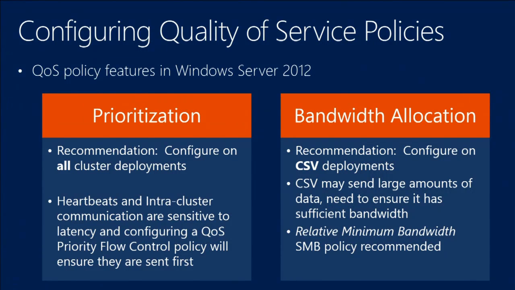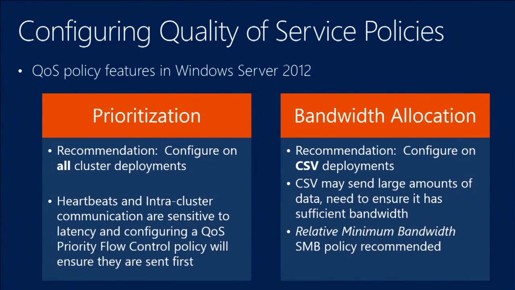In terms of prioritization, it's always recommended to have the cluster traffic be the highest priority so that the heartbeats can be sent with the highest priority. That would ensure the cluster would not take down the nodes, and there is sufficient quality of service for the heartbeats, which also increases the availability of the roles hosted on those nodes.